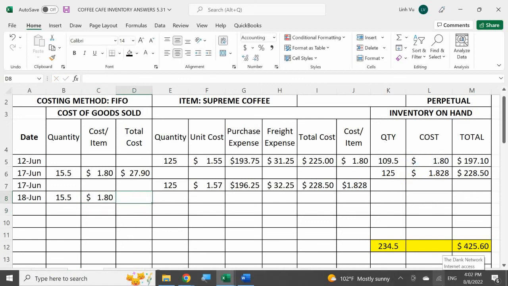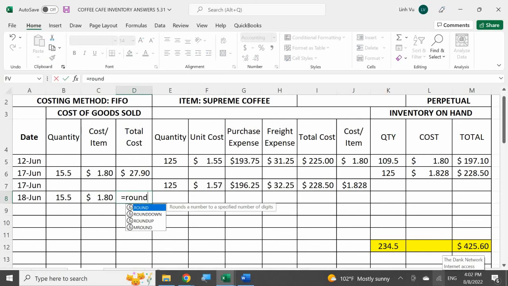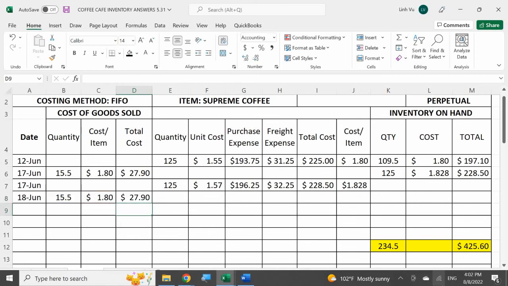So how much is that going to cost me? $27.90. Because the cents are the same thing as we sold last time. Exactly. In this case, yes.